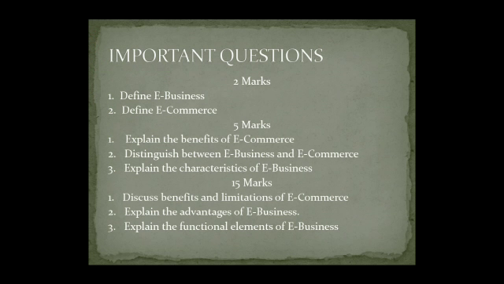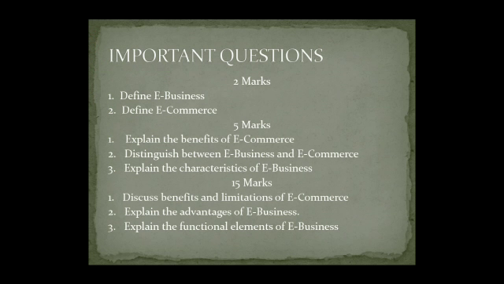Some important questions from this topic: you will get 2 marks questions like what is e-business, or define e-business, define e-commerce. And for 5 marks you are getting questions like explain the benefits of electronic commerce, distinguish between electronic business and e-commerce.